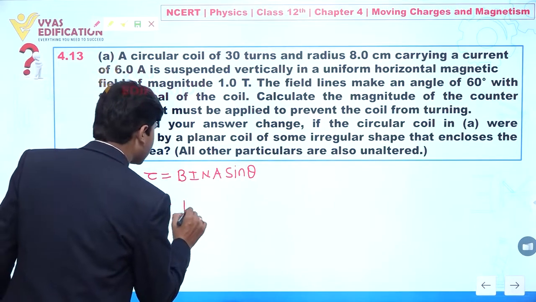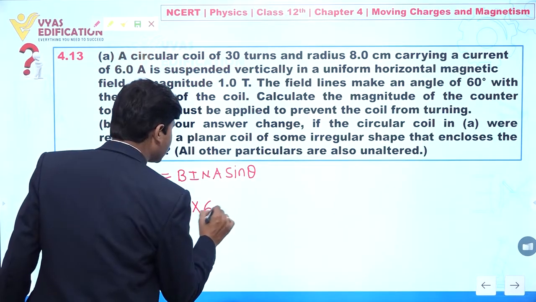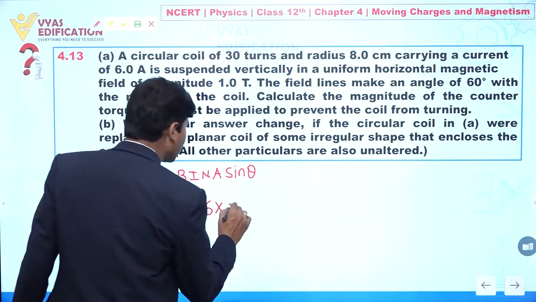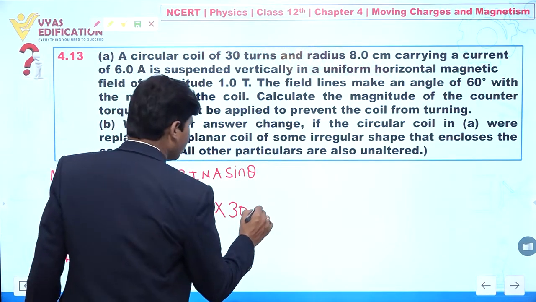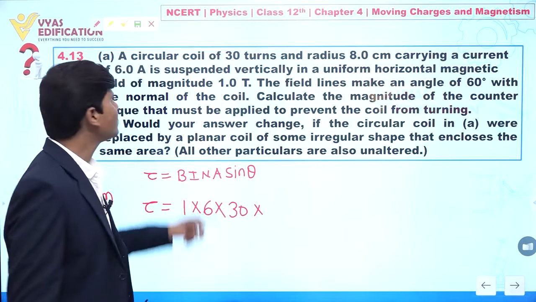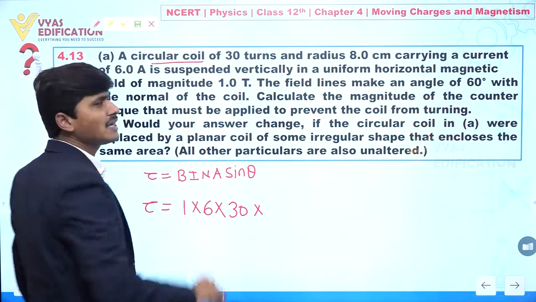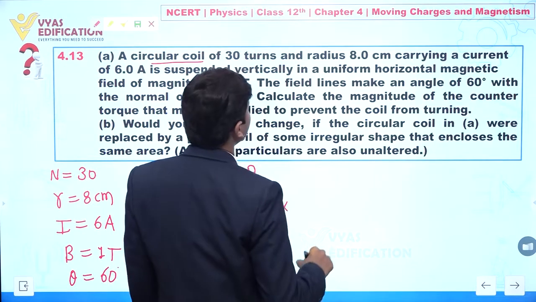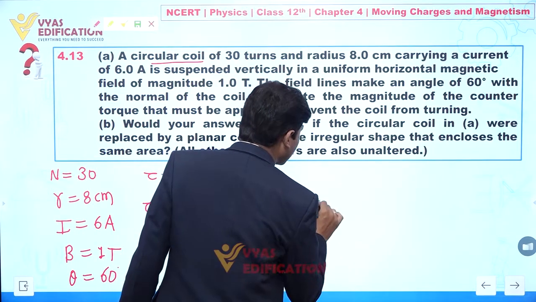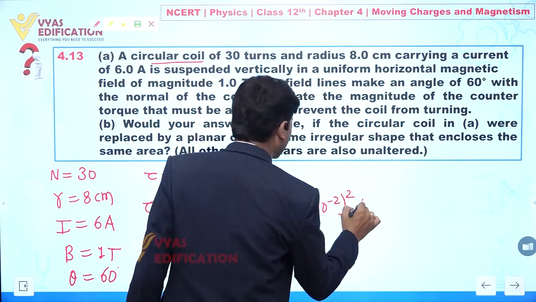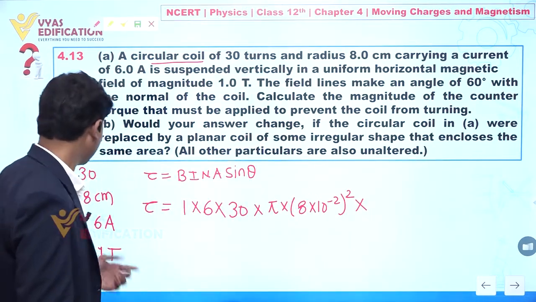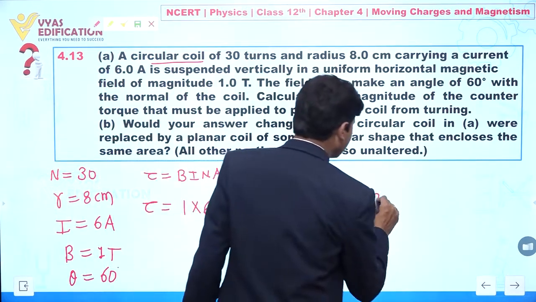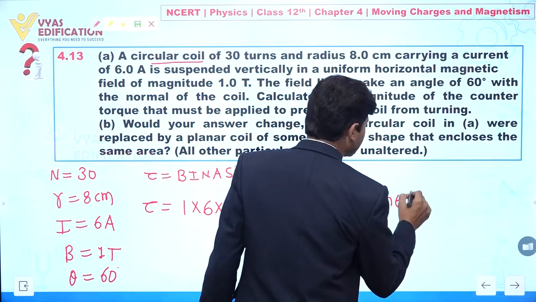B is 1, I is 6, number of turns is 30. Now the important part, the area: because this is a circular coil, the area is given by pi r squared. So pi times 8 into 10 to the power minus 2, whole squared, multiplied by sine 60.